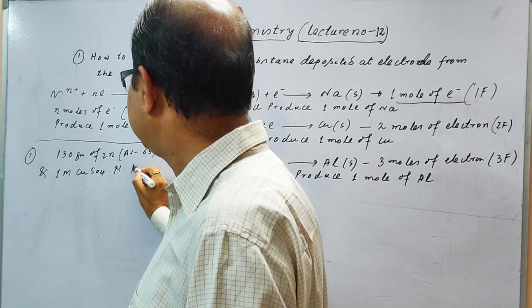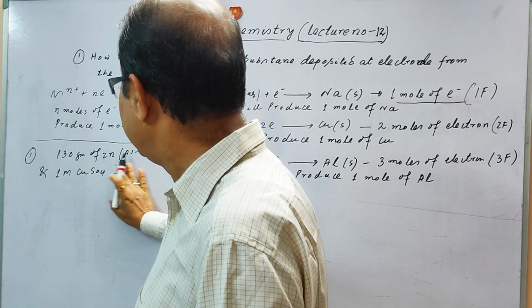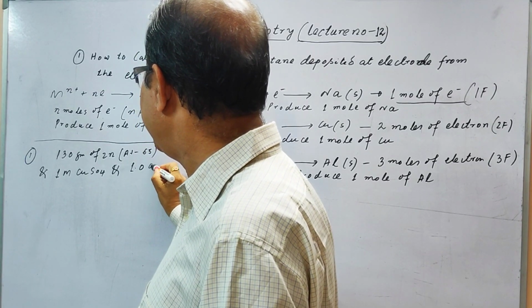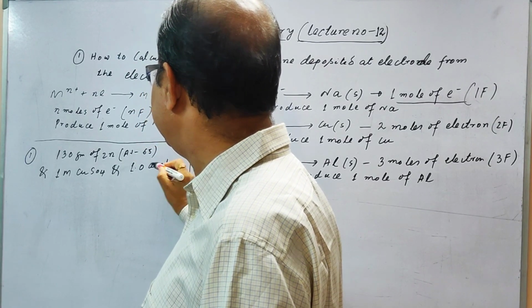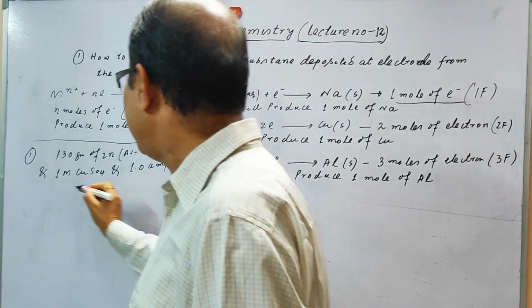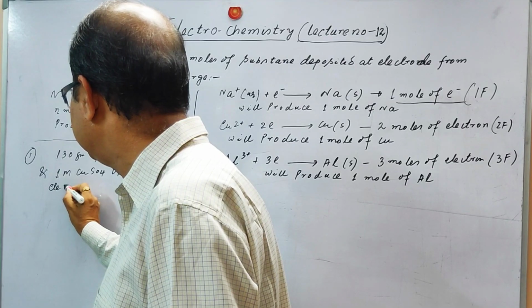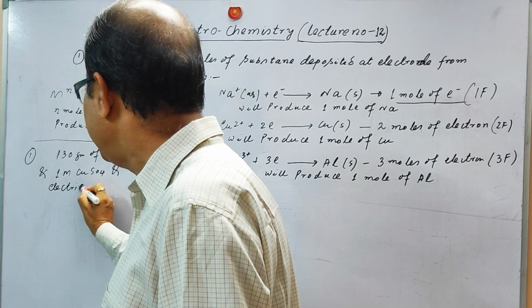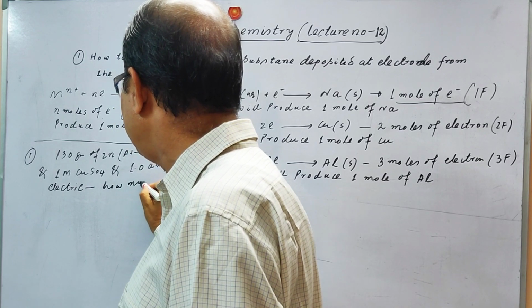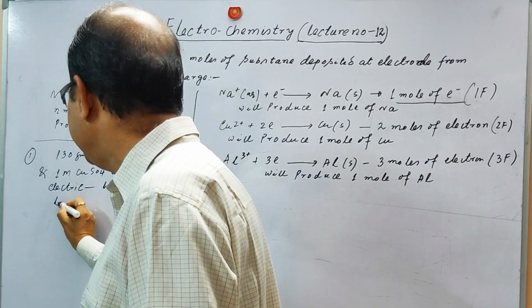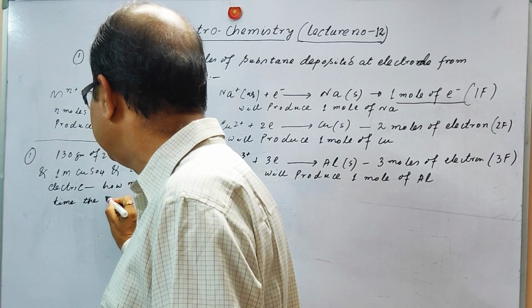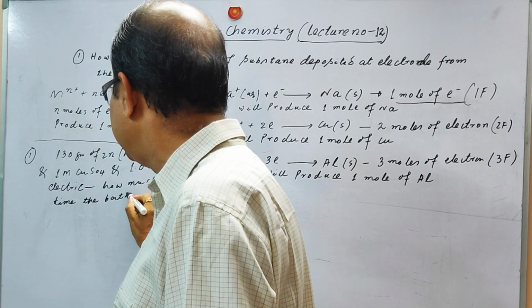From this cell we are producing a constant 1 ampere of electric current, and you have to say how much time the battery lasts.